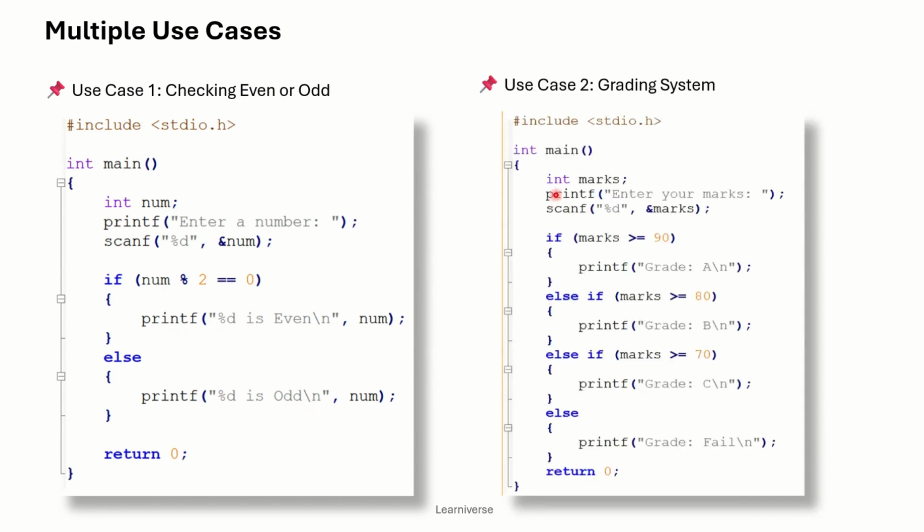And coming to the second use case, here we are looking at the grading system, where we get the marks information from the user, and then we will be checking whether that particular marks is greater than or equal to 90.